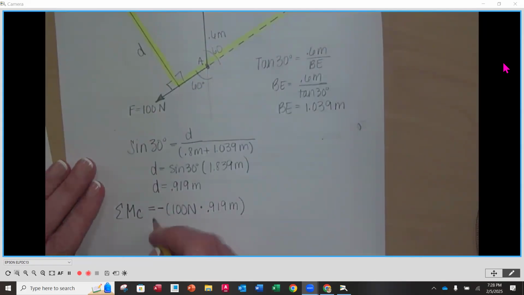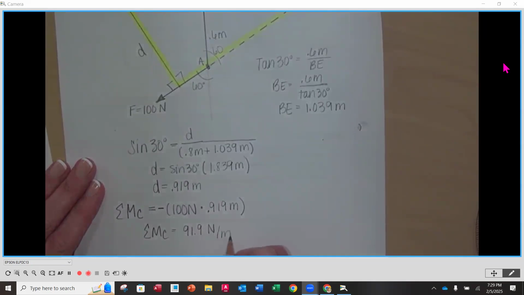So it looks like our moment around C is going to be, move that, what, 2 places to the right? 91.9 newton per meter. Yeah? Really? Jesse? It's just newtons times meter because I multiplied.